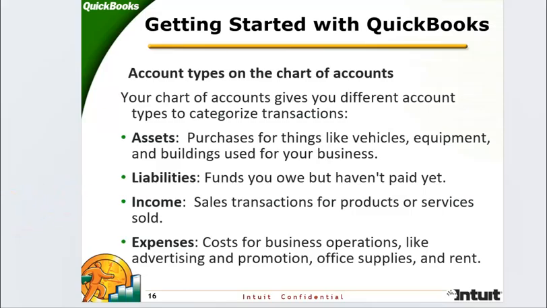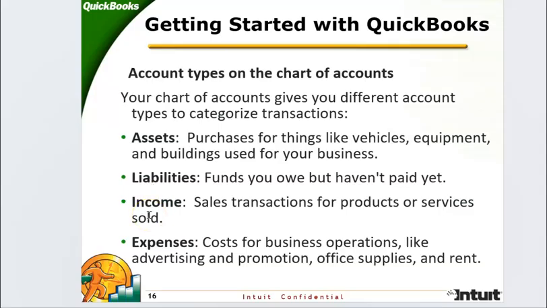Now, before we go, I want to go over the different types of accounts. There are several, 4 to be exact, categories: assets, liabilities, income, and expenses. Assets are purchases for things like vehicles, equipment, and buildings used for the business. Liabilities are funds you owe but haven't paid yet.